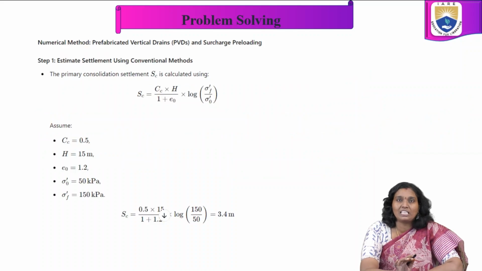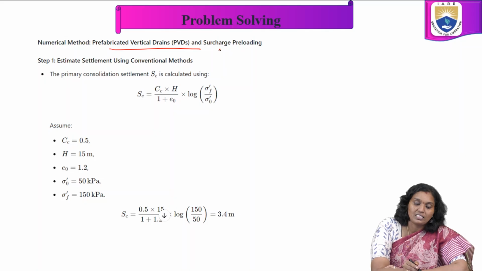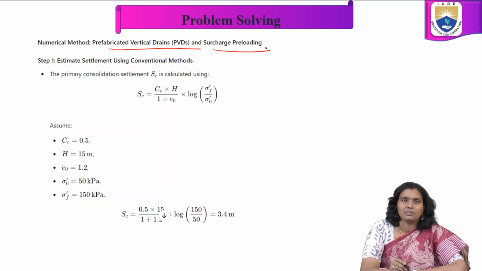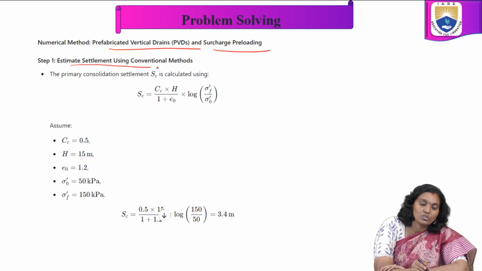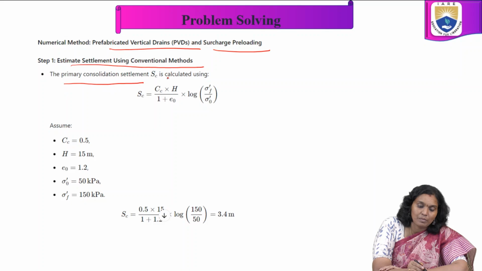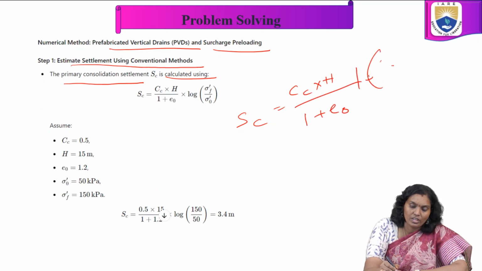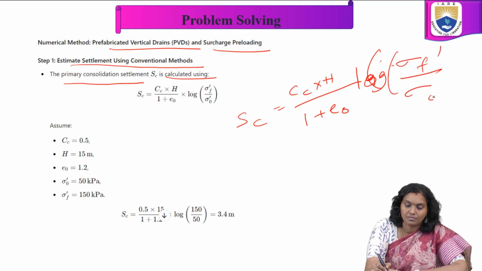Now we are choosing the technique: prefabricated vertical drains and surcharge preloading. Here first we estimate the settlement using conventional methods. The primary consolidation settlement is calculated, according to the coefficient of consolidation, and we find it through the mathematical calculation.